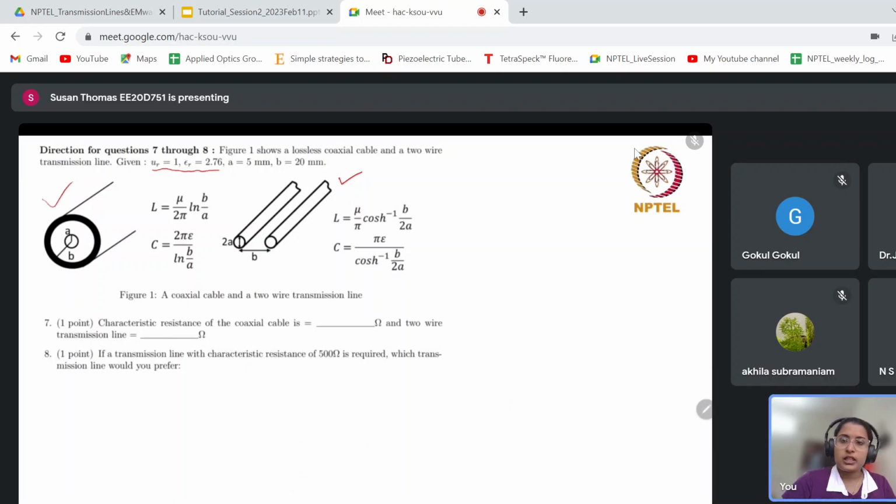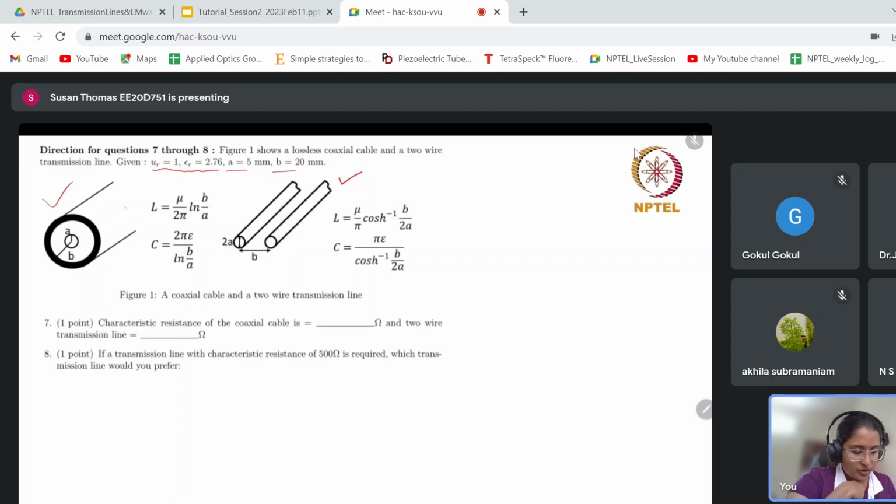So we are given the relative permeability and permittivity values, and a and b. A is the inner radius and b is the outer radius. In the case of the two-wire transmission line, b is the gap between the wires and 2a is the diameter of the wire.